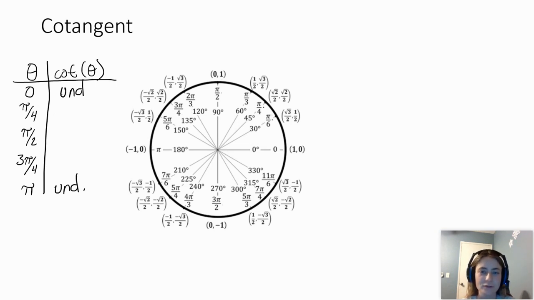Let's look at pi over 4. That ratio, x over y, is going to be 1. At pi over 2, 0. At 3 pi over 4, negative 1. So our theta axis and our y-axis.